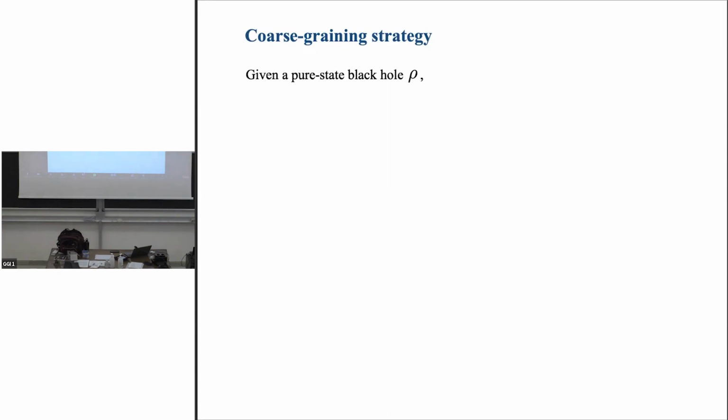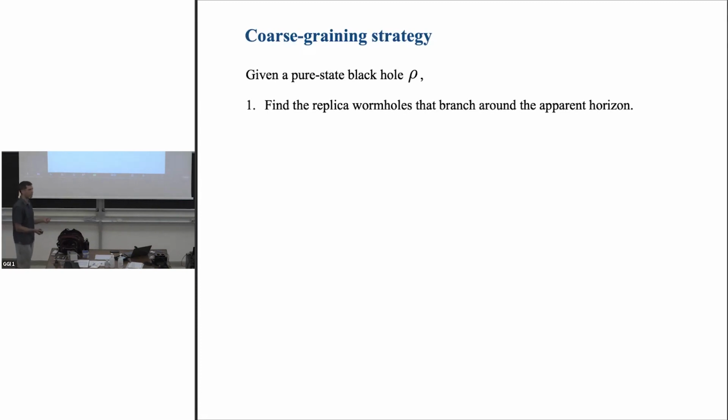Given a pure state black hole rho, step one is to find the replica wormholes that branch around the apparent horizon. Since there's a minimal surface there, by Lewkowycz-Maldacena, we can certainly branch for k near 1. They've already given us that solution. All you need there is a minimal surface. That construction does not care if it's globally minimal or just locally minimal.